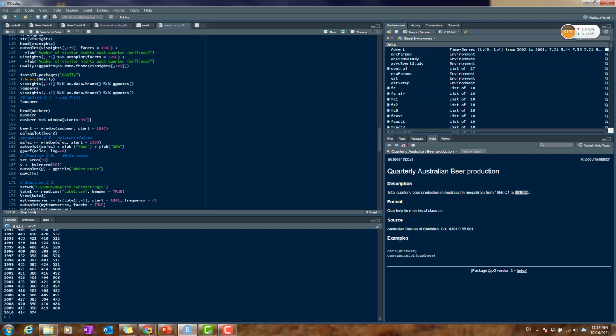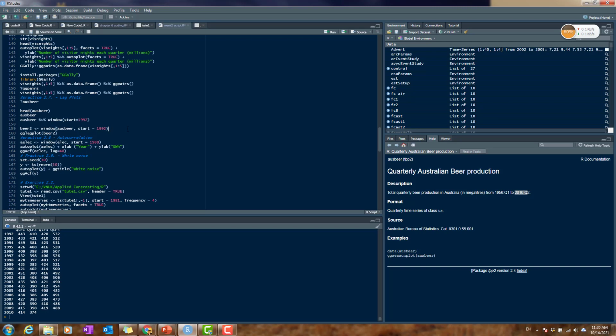Remember that the window function is very useful to get a subset of the time series for a specific time frame. So the data has now been cut from 1992 into 2010 quarter 2.